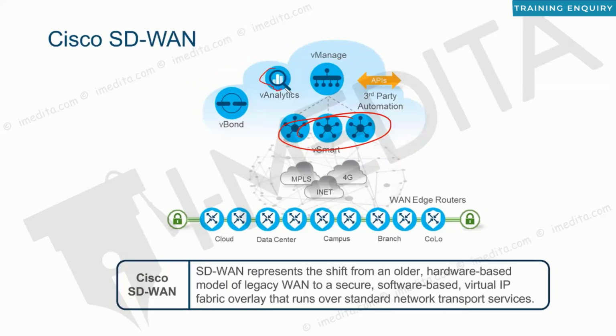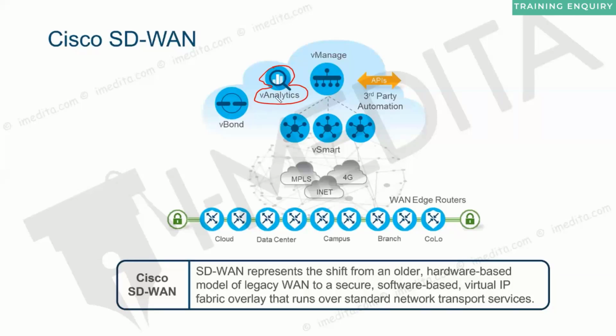And vAnalytics works based on the opt-in model. It's up to you if you want to opt in to vAnalytics or not. It's not a mandatory component. It does not participate in any process of the SD-WAN architecture.